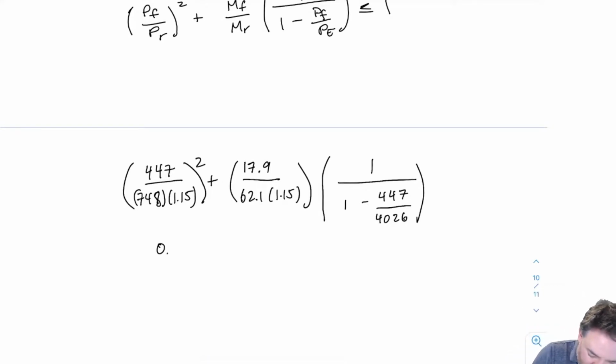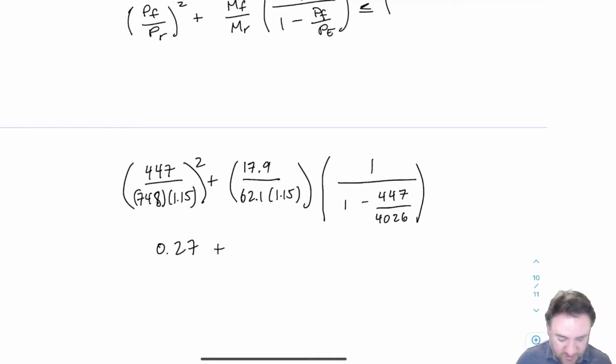First one is 0.27. So even though, as I mentioned, I'm taking up about half of the total strength, I am only taking about 27% of the actual interaction. Now, I won't have to do this 1.15 business later because I'm going to use the actual resistance that I calculate for that load case, which is going to include the KD. But since right now I'm using the table values, those table values don't include the KD of 1.15.